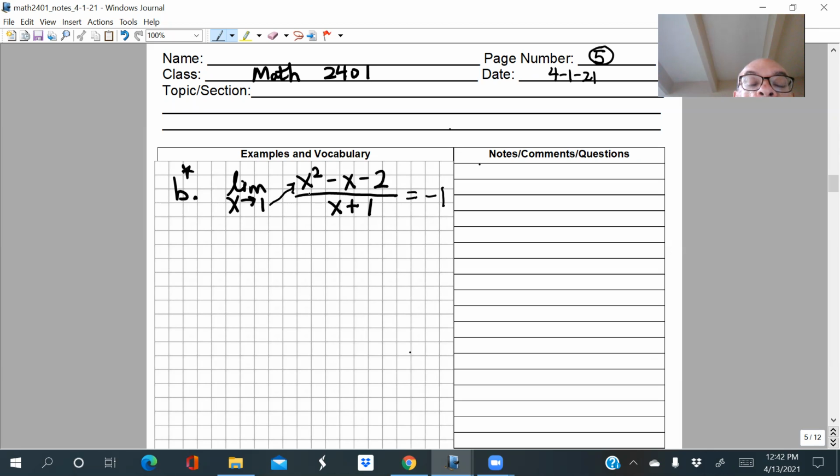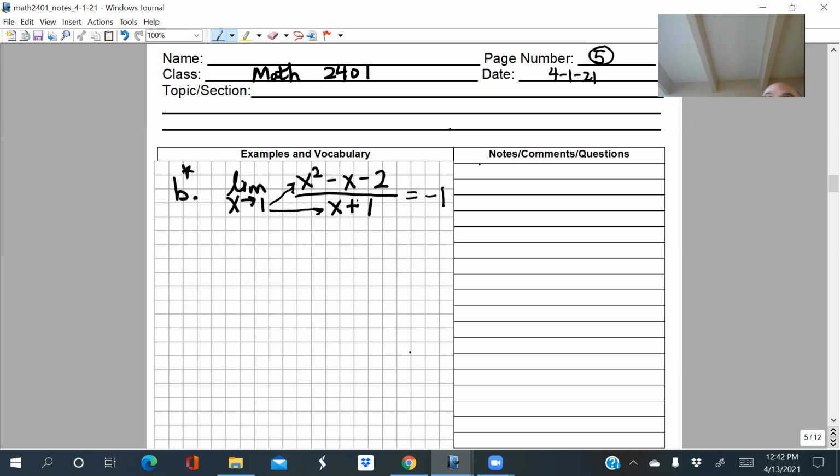This function is continuous at x equals 1. That means the limit value at x equals 1 and the function value at x equals 1 have to be the same. So you just have to calculate the function value at x equals 1, and that's going to be the limit value. Saad just plugged in 1 for x and did that easy arithmetic, and it turned out to be -1.